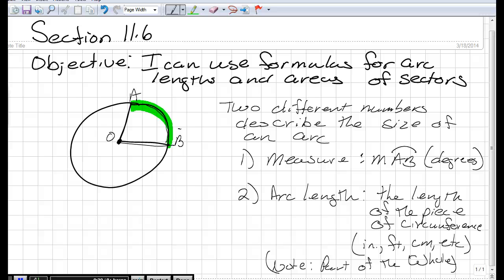The second type is the length of an arc, which is the length of a piece of the circumference. So the length is always in terms of some unit of measure, so inches, feet, centimeters, meters, whatever it is. Notice that it's a part of the whole circumference.